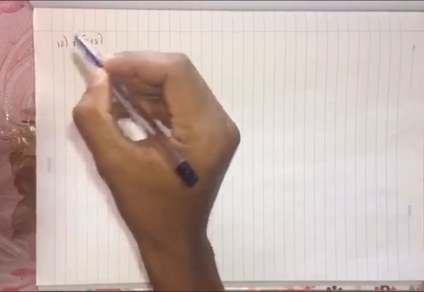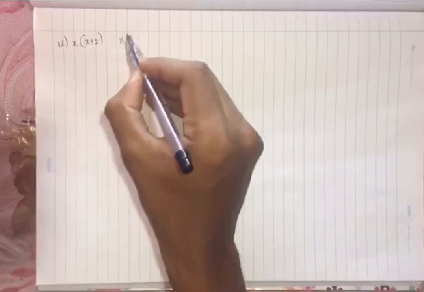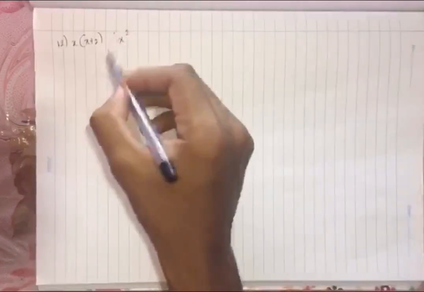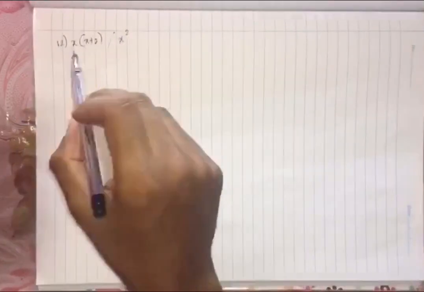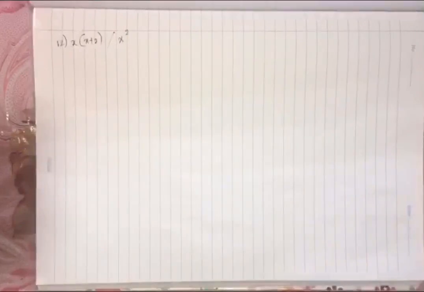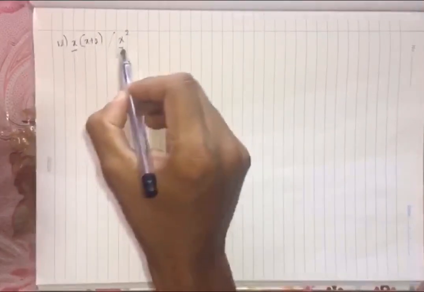Okay, moving on to the 12th question. They have asked you to find the LCM of algebraic expressions. They have given x and x plus 2, and the other term is x squared. Now in this, first you have to consider whether you have similar terms. Now you have this x and x squared.